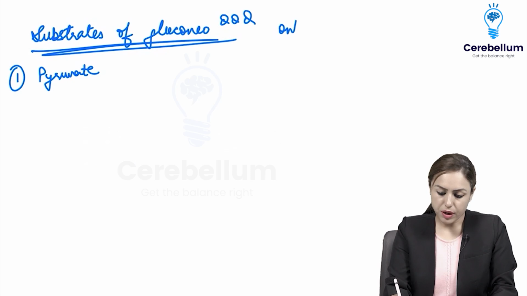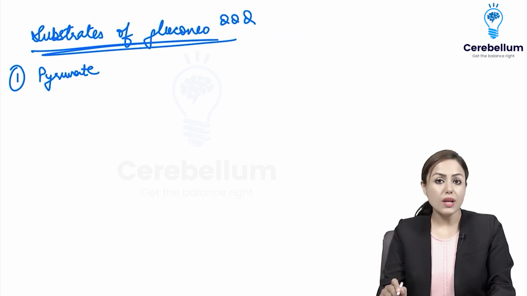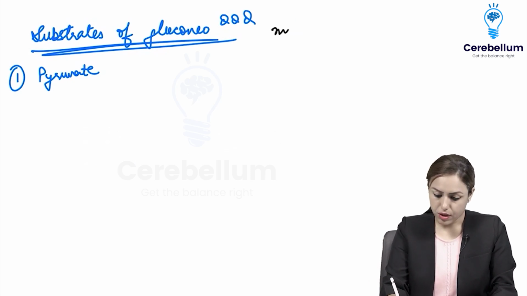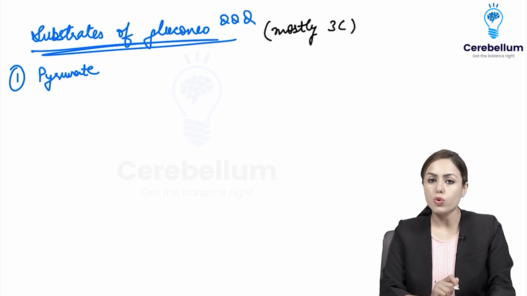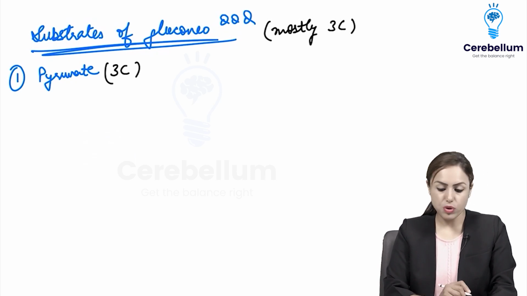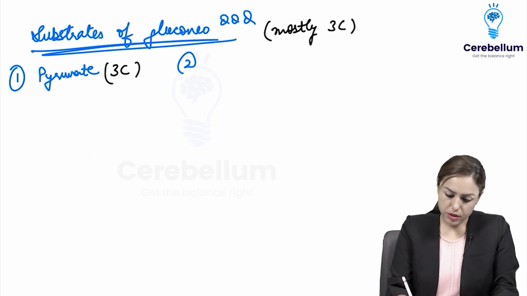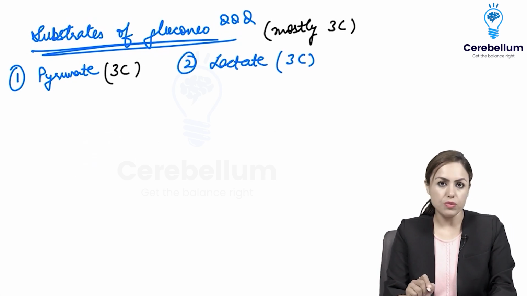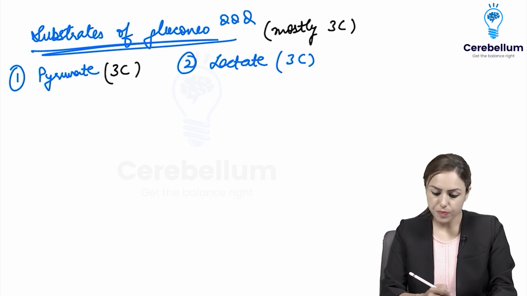And note one point that mostly 3 carbon compounds are good substrates for gluconeogenesis. So pyruvate is also a 3 carbon compound. Then second is lactate. Lactate is also a 3 carbon compound. Lactate can be converted to pyruvate, and then pyruvate can form glucose, right?